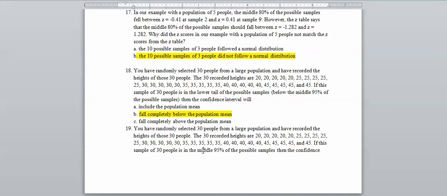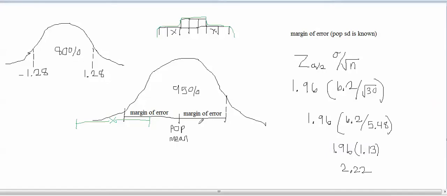Now, what if the sample comes from the middle section? Like, what if our sample of 30 people came from the middle area? Well, in this case, you create the confidence interval around the sample, and it does capture the population mean.